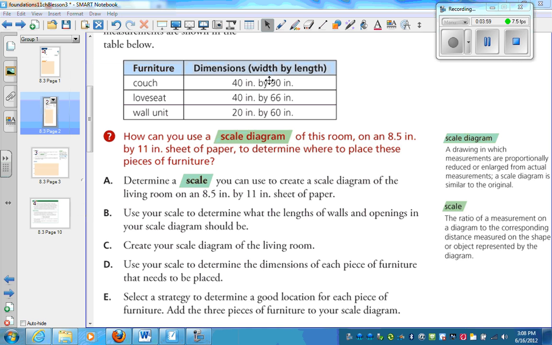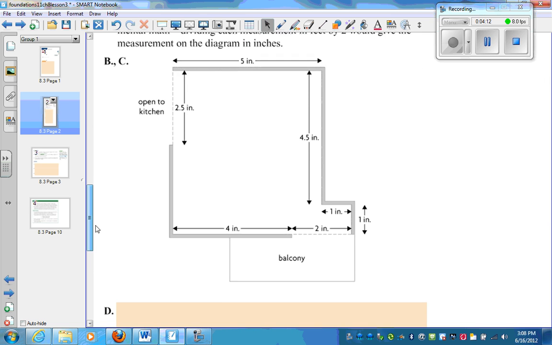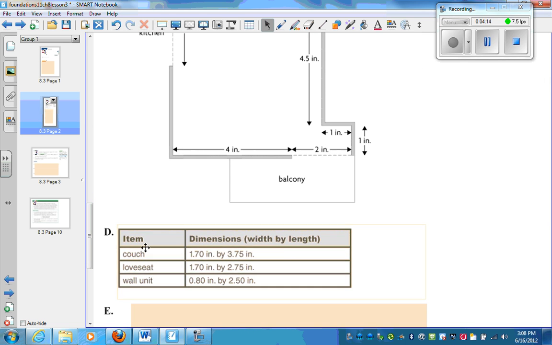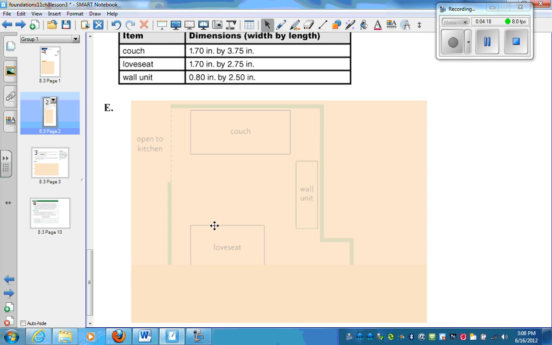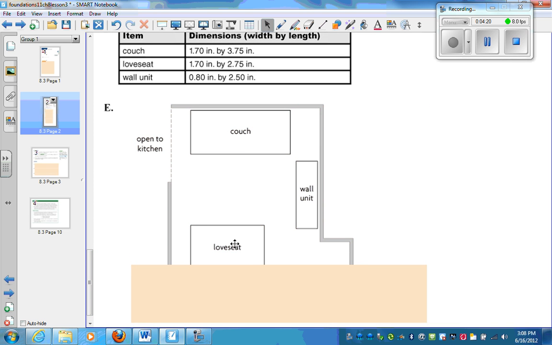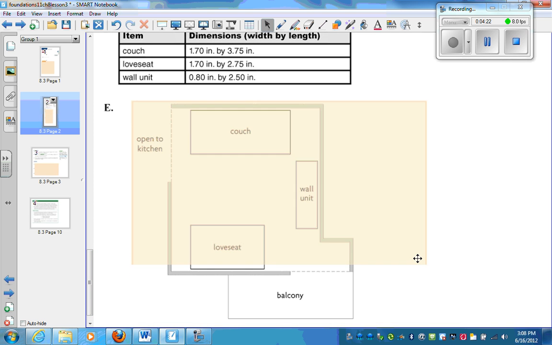So we could do that for each of these things, then we could cut them out on little pieces of paper or draw them in and find out where they fit. Okay, and that should be what they did here. So 1.7 by 3.75. Good, we did that correctly. And then you could decide where you wanted to put it based on what space there was. Okay?